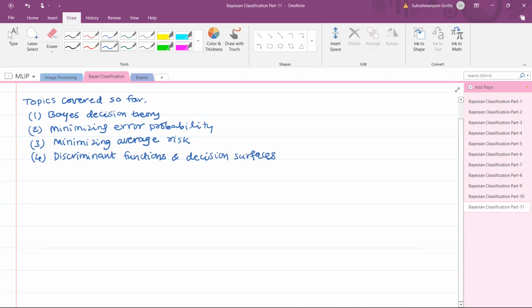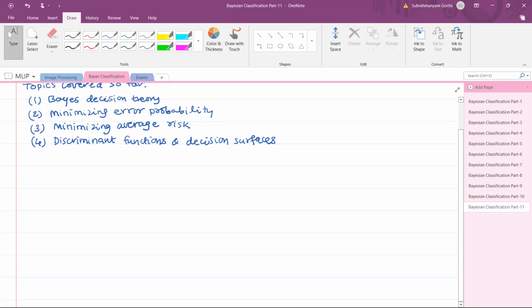Again, you had one more question coming from here where you had to find decision points in the case of one-dimensional normal distribution. So in fact, we moved to normal distribution then, and we spent quite some time because that's the most commonly occurring distribution. So we moved to the Bayesian classification for normal distribution.